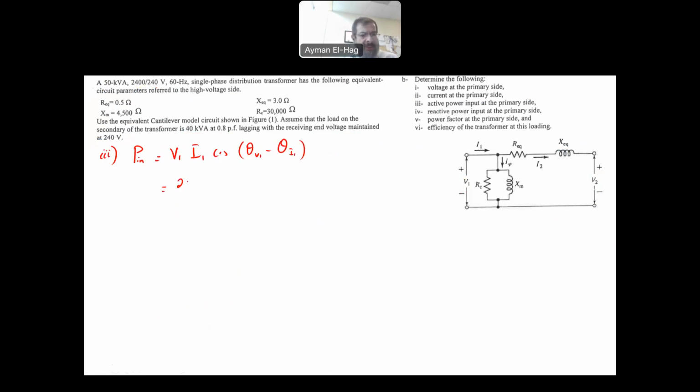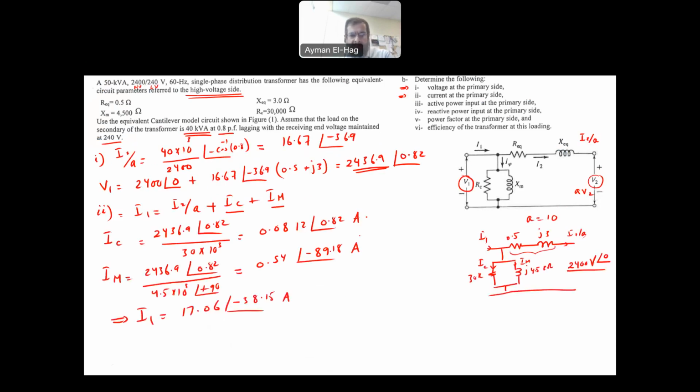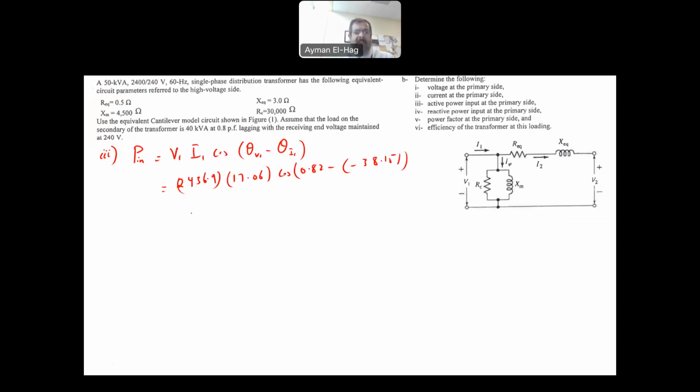So your V1 is 2436.9 times I1, which is 17.06, cosine of theta V1, which is 0.82, minus 38.15, which is the angle of the current. So when you do this, you will find this is equal to 32.32 kilowatt. So we're done with this.